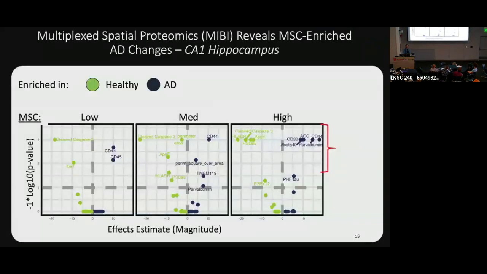So again, using that difference in curve MSC statistical comparison that I mentioned earlier, here anything in the green are microglia proteins enriched in healthy microglia, and anything in the blue are proteins enriched in Alzheimer's disease-associated microglia. And in particular, we see these consistent immune phenotyping proteins, where HLA-DR, ApoE, and P2RY12 are enriched in healthy, while CD33 and CD44 are enriched in Alzheimer's disease.